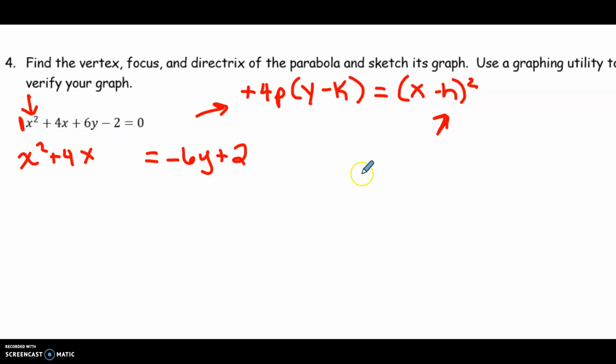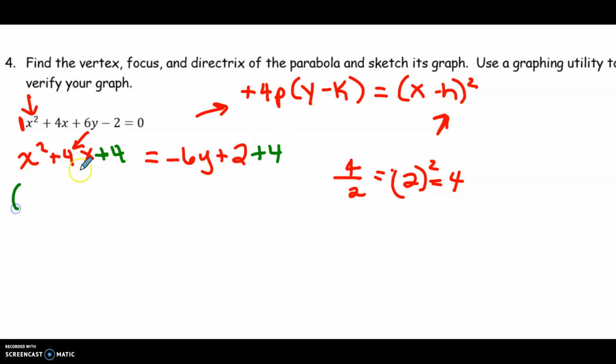So when I complete the square, my b value is 4. I take 4 divided by 2, I get 2, and then I need to square it, and I get 4. I need to add 4 to both sides. Always conscious that I didn't take out a GCF, so I add 4 here, and I add 4 here.